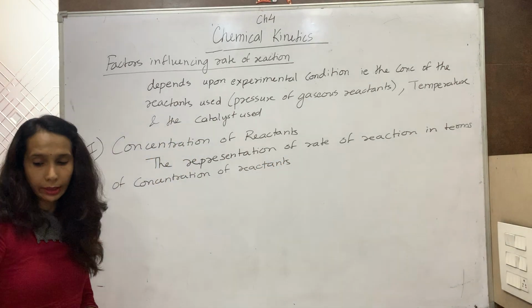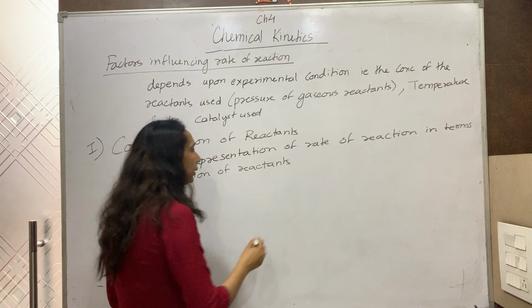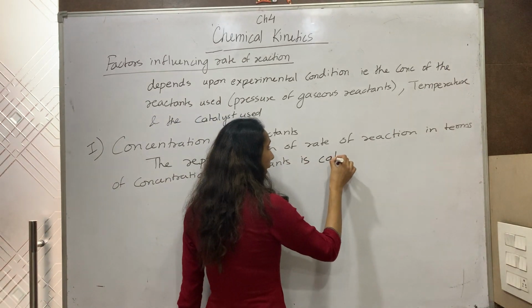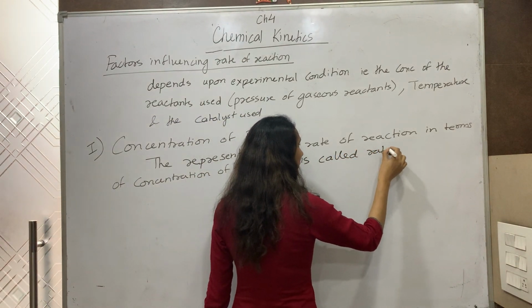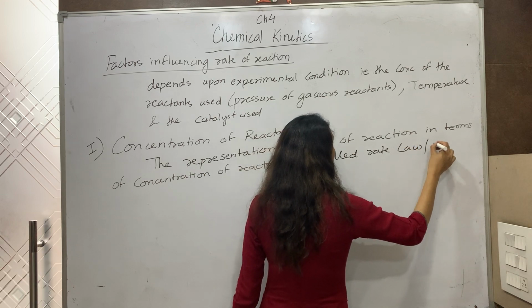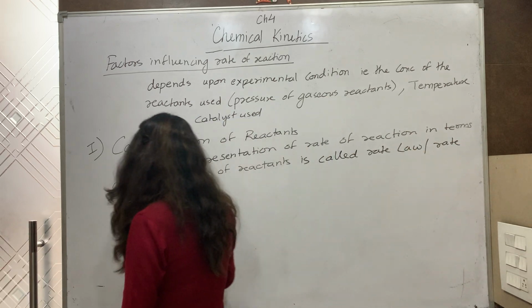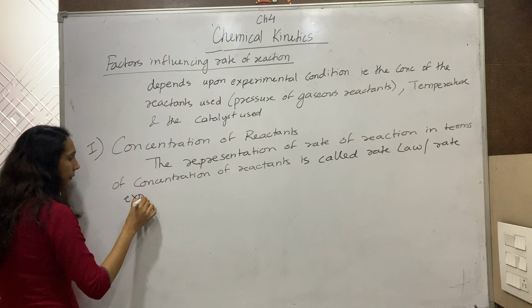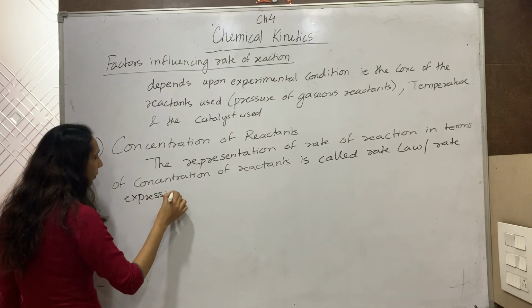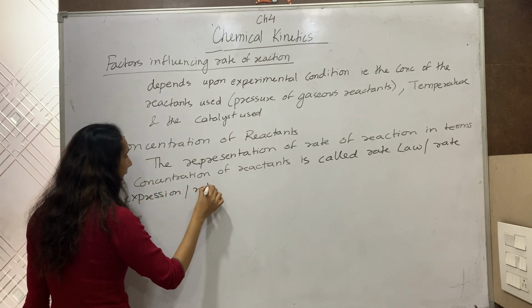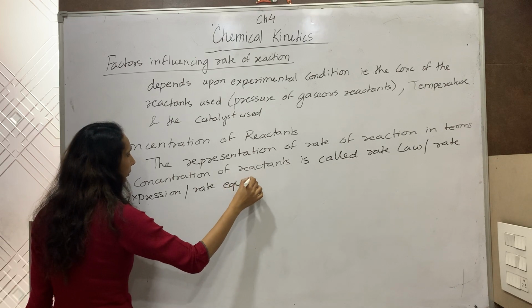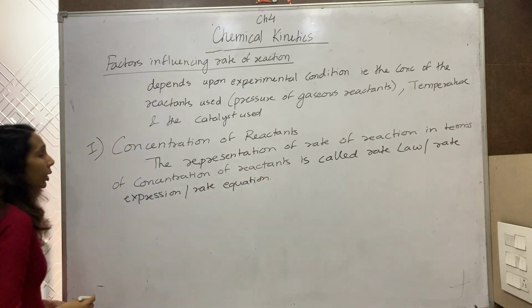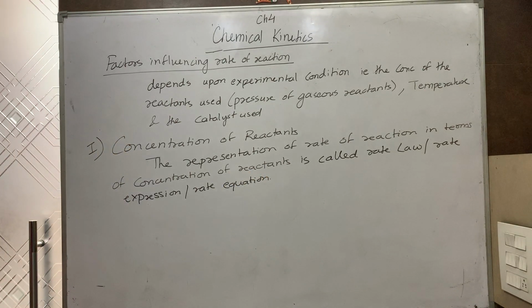In terms of reactants is called rate law or rate expression, or sometimes also rate equation. The representation of rate of reaction in terms of concentration of reactants is called rate law or rate expression.